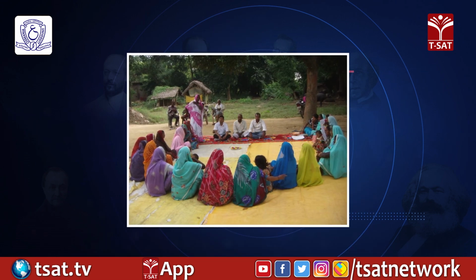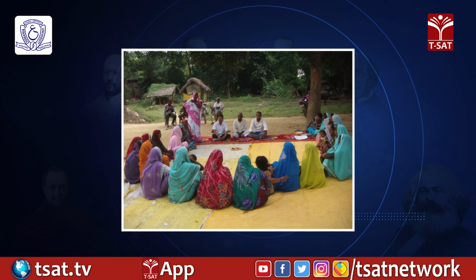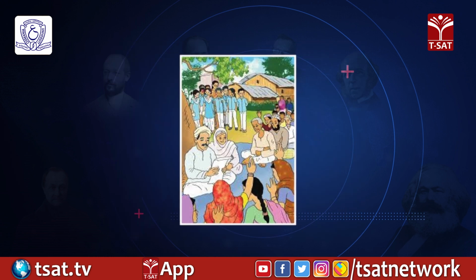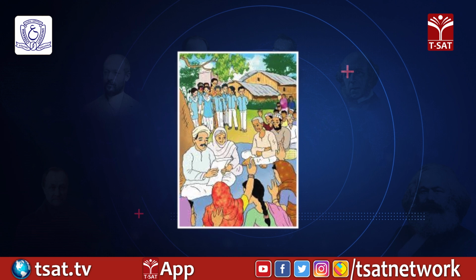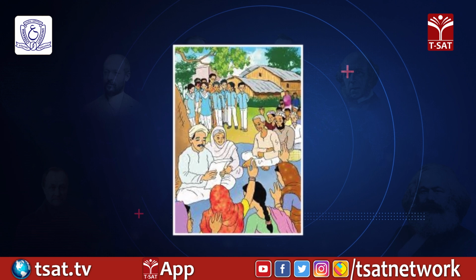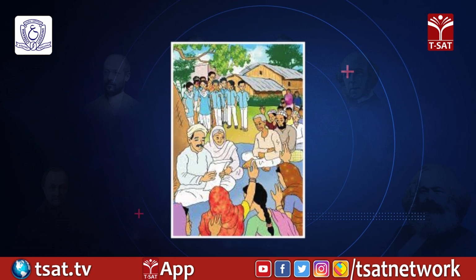Their term of office is coterminous with the term of the district panchayat, that is 5 years, unless they resign earlier or are removed earlier. The term of each district panchayat is 5 years unless dissolved earlier.